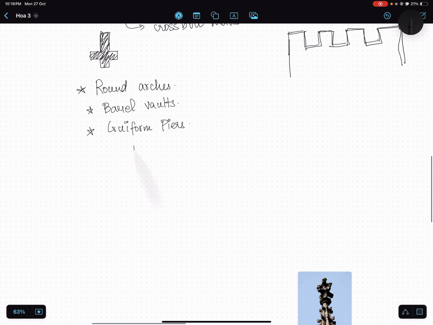So they looked something like this in plan, and like this in the elevation.